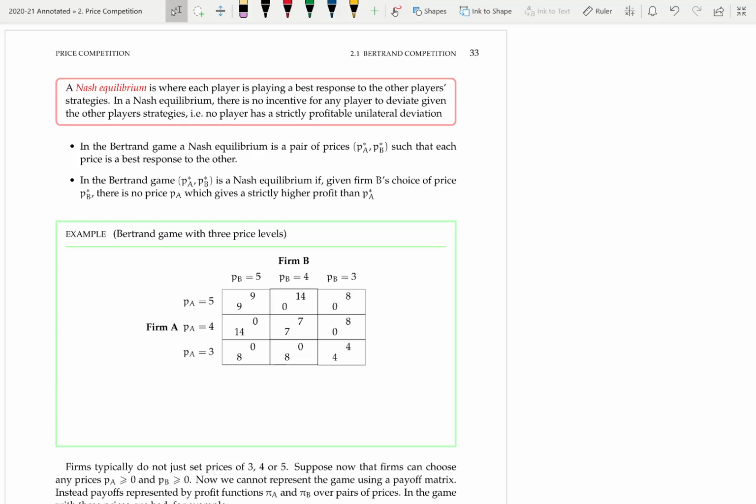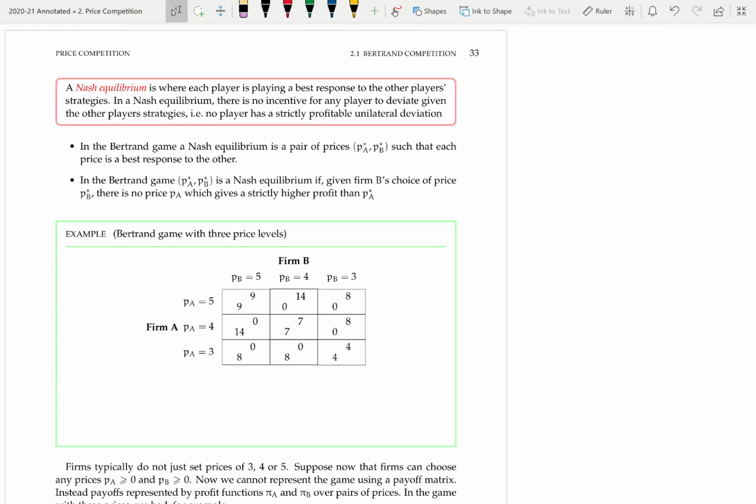In the Bertrand game, a Nash equilibrium is a pair of prices, PA star, PB star, such that each price is a best response to the other price. We have a Nash equilibrium if given B's choice of price, PB star, there is no price, PA, which gives a higher profit than PA star.